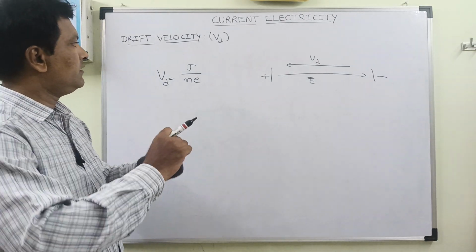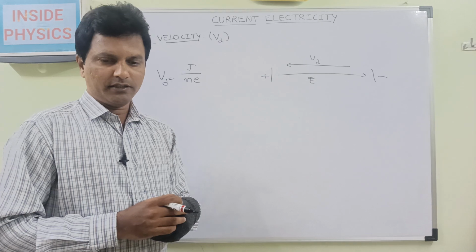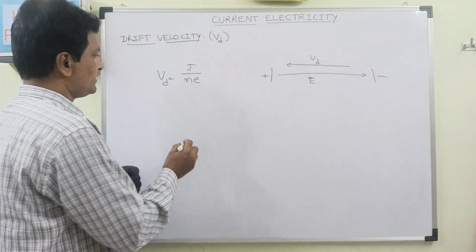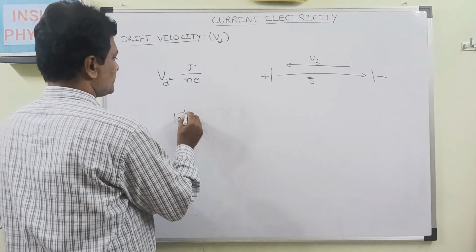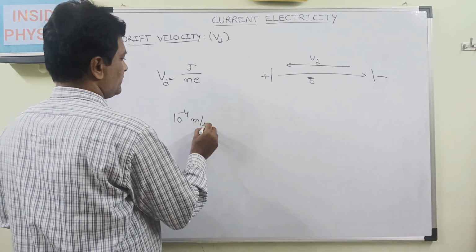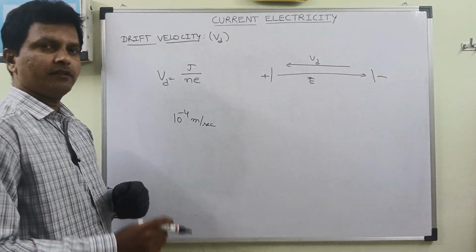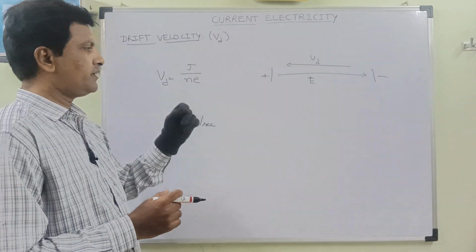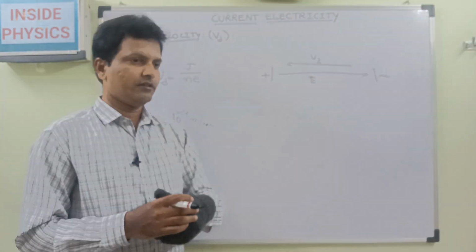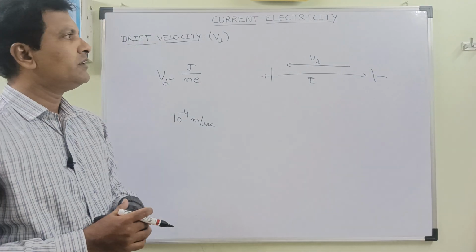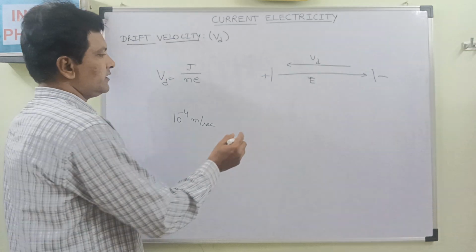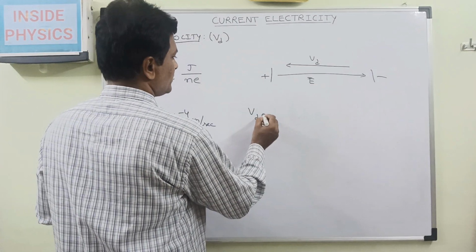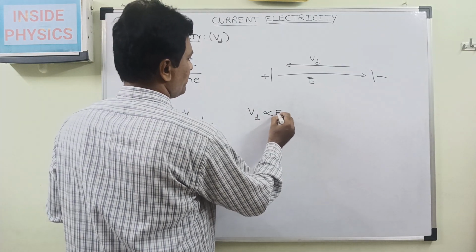The drift velocity of the electron is around 10 to the power of minus 4 meters per second, and I've already told you that drift velocity will be opposite to the field direction. Drift velocity is proportional to the electric field applied.